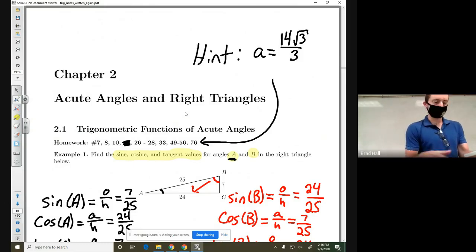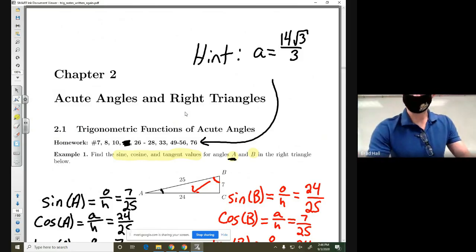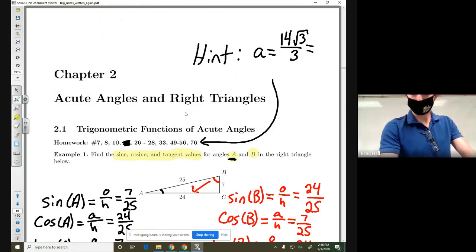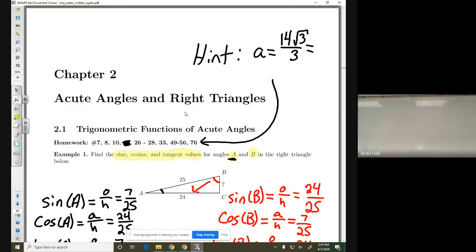That's the rationalized form, which means the answer you might get if you do it and don't rationalize the denominator. How did that work? 3 square root of 3. How does that work?